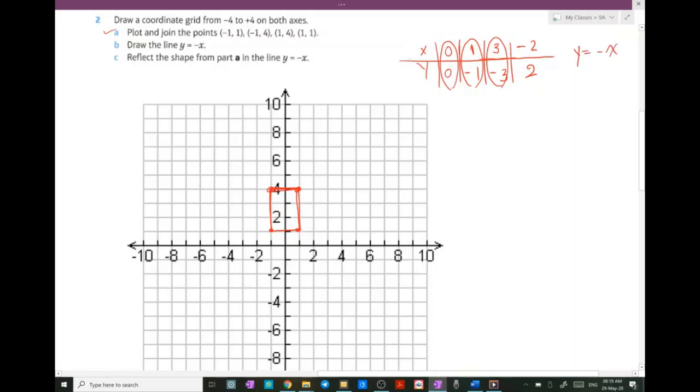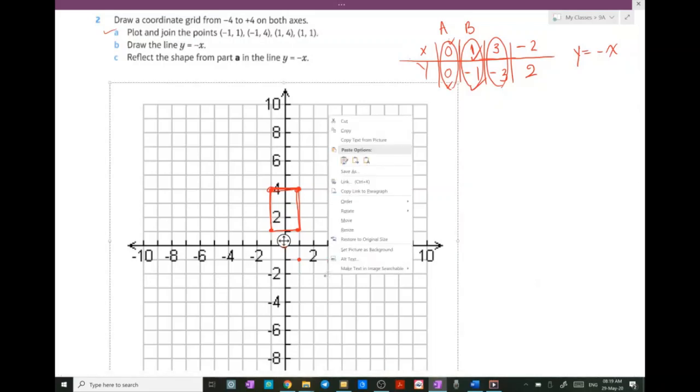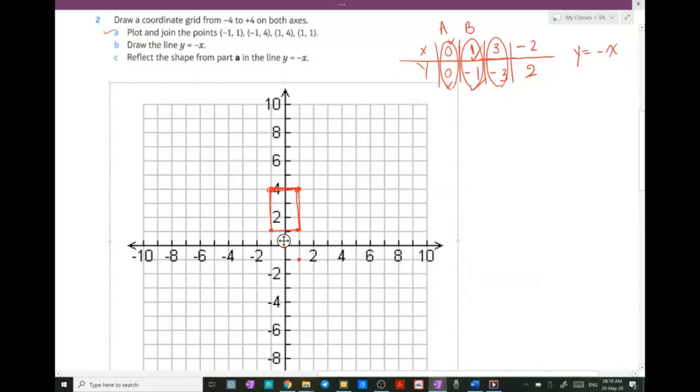This is the x of the point A. This is the y. This is the x of the point B. This is the y, and so on. So we start with 0, 0, 1, -1, and then 3, -3, and then -2, 2.